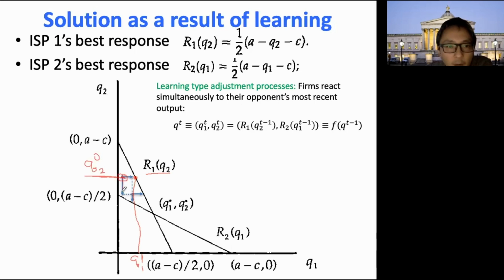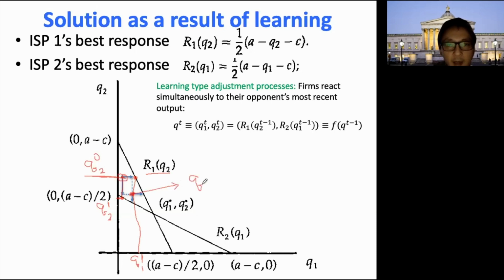Therefore, this is the amount they should produce optimally. So I would write down Q2 1, updated in step 2, right? If you do that, these two move, because of this, right? You basically move to here.